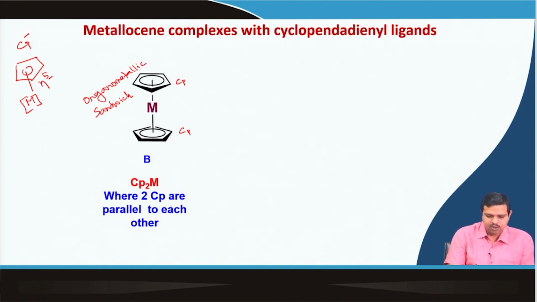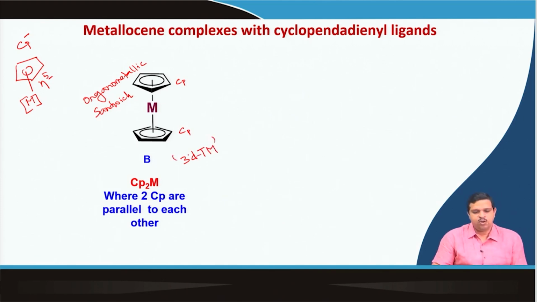Very common examples have the two Cp parallel to each other, and most of the 3d transition metals generally form these Cp2M complexes, like iron 2 plus, nickel 2 plus, manganese 2 plus, cobalt 2 plus, vanadium 2 plus, where the two Cp ligands are parallel to each other.